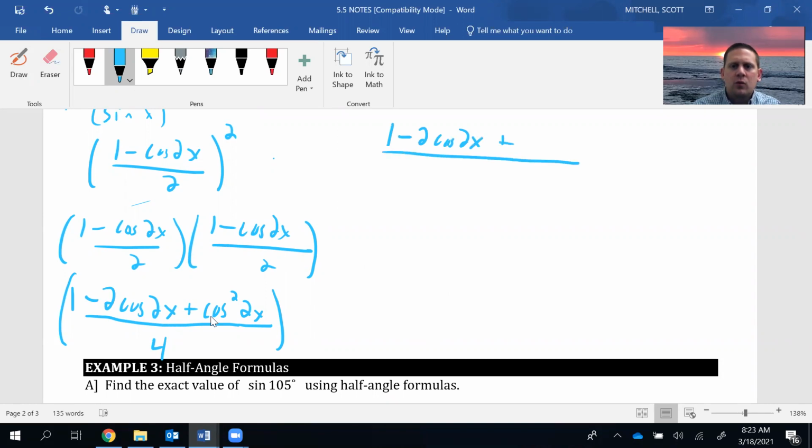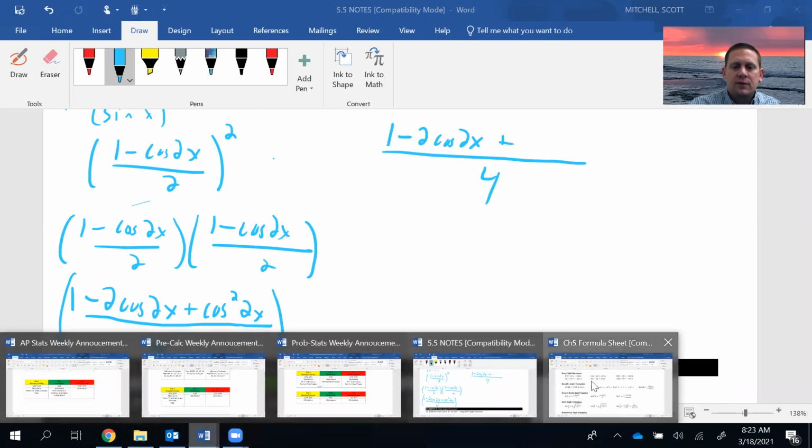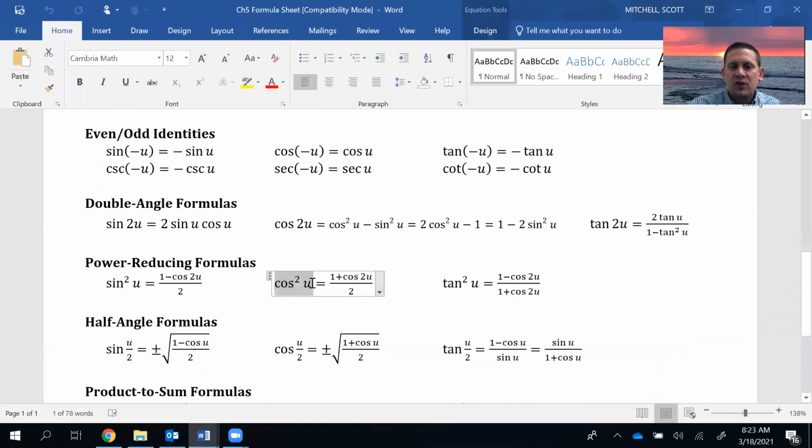But then I'm going to deal with my power reducing formula here again. So I don't want to have cosine squared, so I need to look at my formulas. When I have cosine squared and I want to reduce that, it's going to be 1 plus the cosine of 2u over 2. Well, remember, there's already a value here.